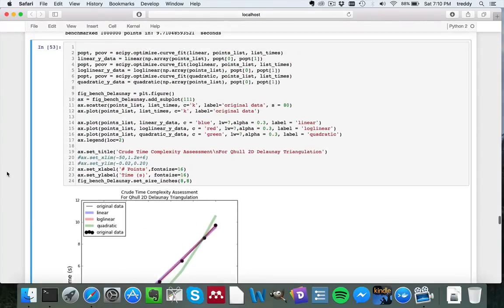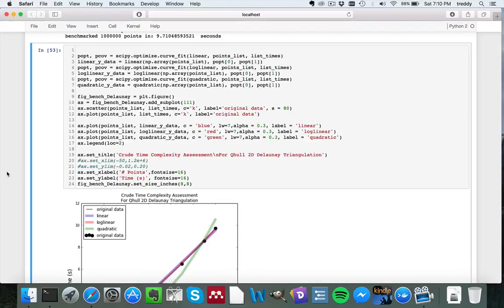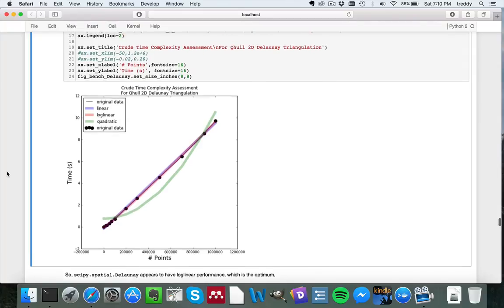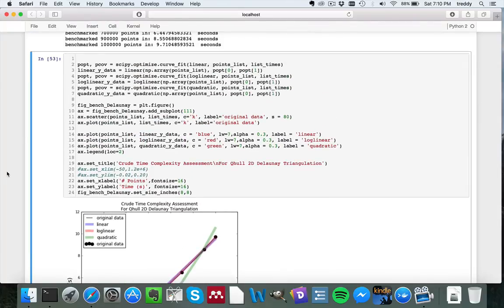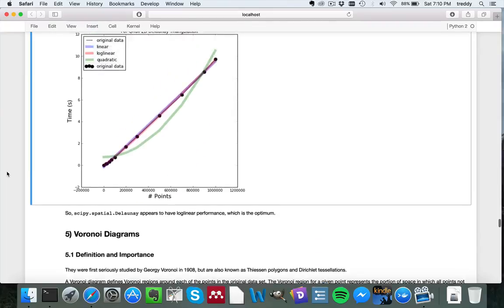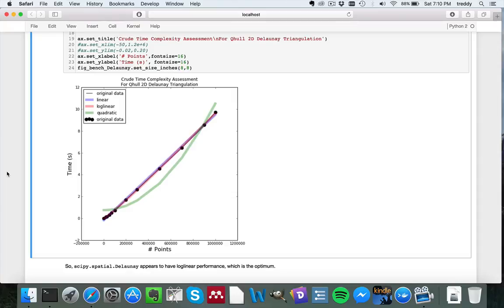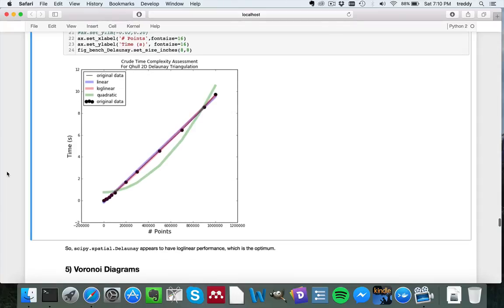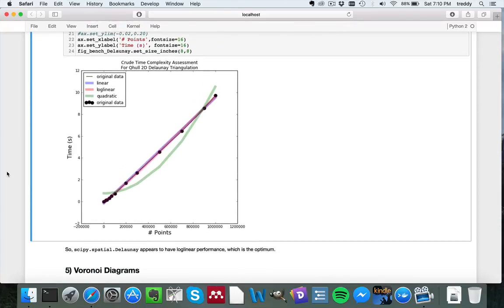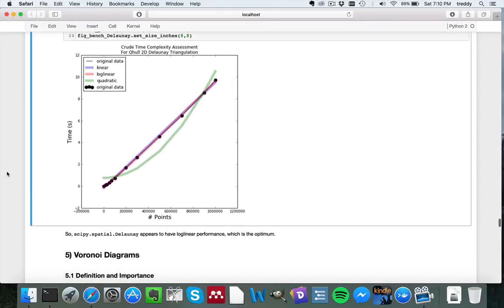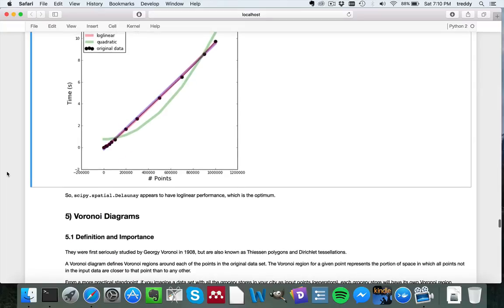So there's not a whole lot of opportunity, from an open source standpoint, to improve what Python, and this is really what Qhull, because again, scipy.spatial Delaunay is basically just exposing Qhull underneath the hood, is doing. I mean, there might be opportunities for improvement in terms of making the code run faster outside of the algorithm itself, but the algorithm proper is an optimal algorithm which is performing at a log linear level.